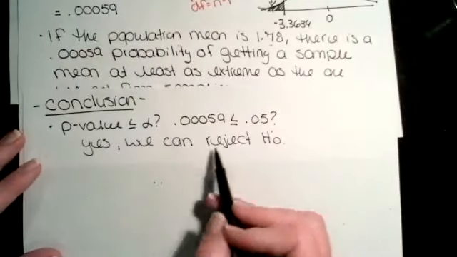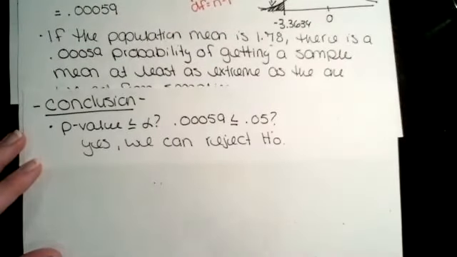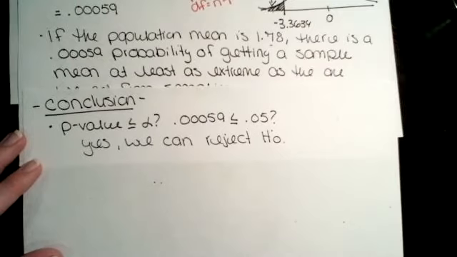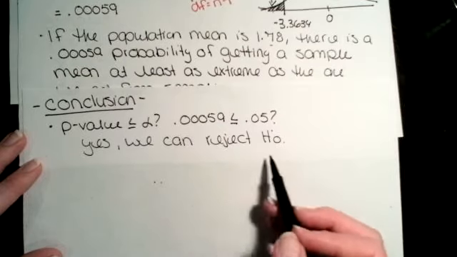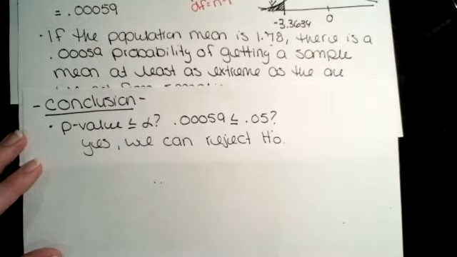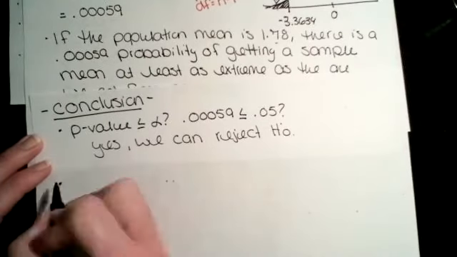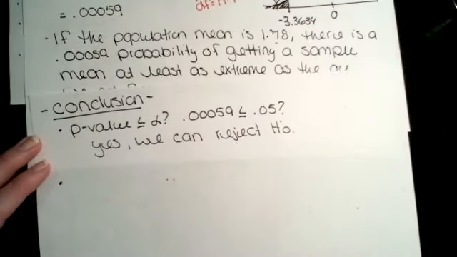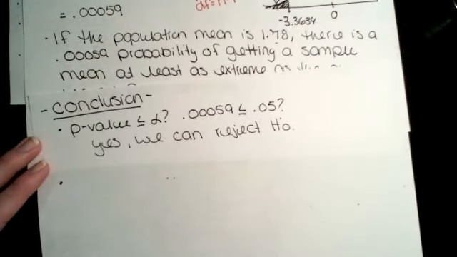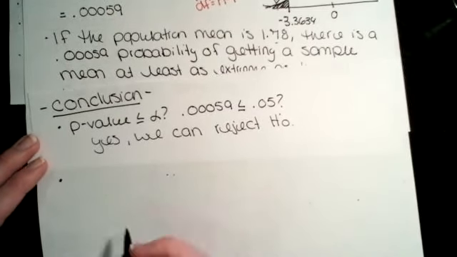So if you say you reject the null, you're saying, I don't think that the mean is 1.78. I think it's less than. If you cannot reject the null, then that means you're kind of accepting that idea that maybe it is 1.78. Maybe the center of my curve is 1.78 minutes, right? Maybe that population mean is 1.78. I just like to mention that. I had someone ask me that before, and I like to remember questions and go over those.